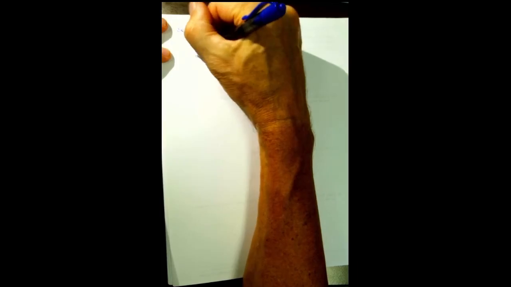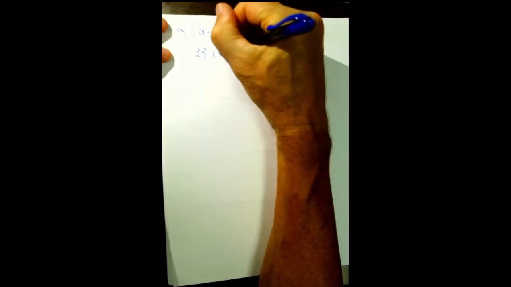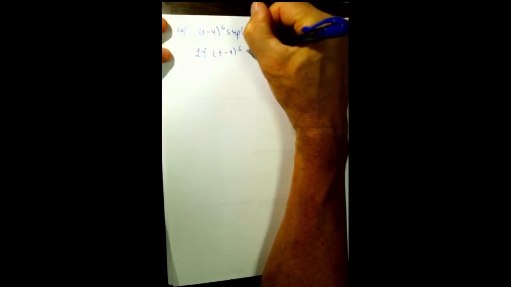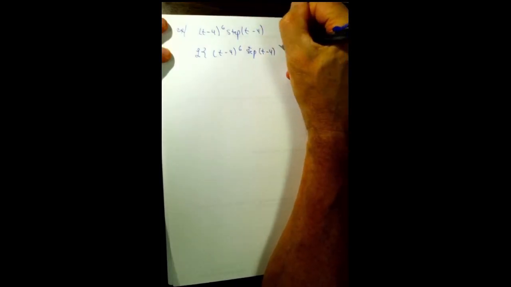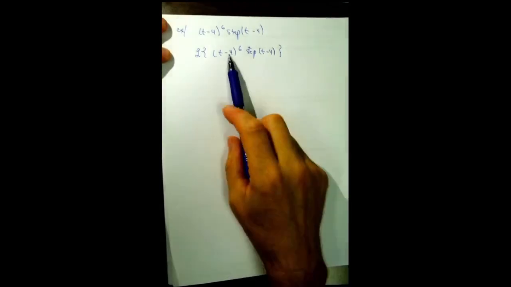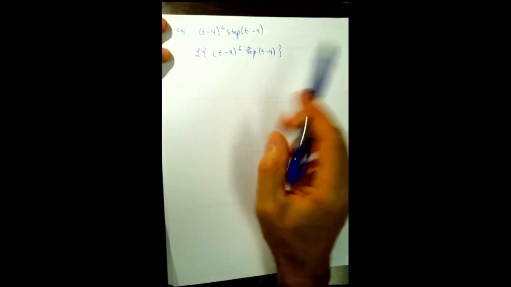Just as an example to see how these things work. Suppose I have the function (t minus 4) to the 6th times a step function evaluated at t minus 4. So if I have to take the Laplace transform of this thing, before we would have to go back to the definition and just redo the integral and work with that integral.